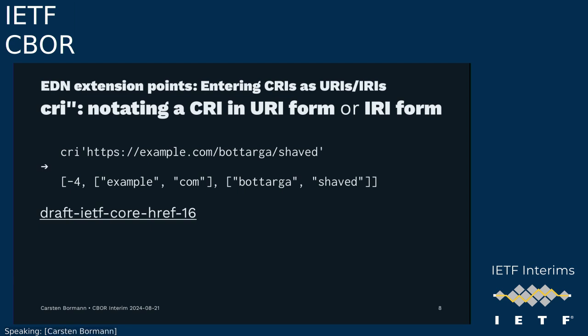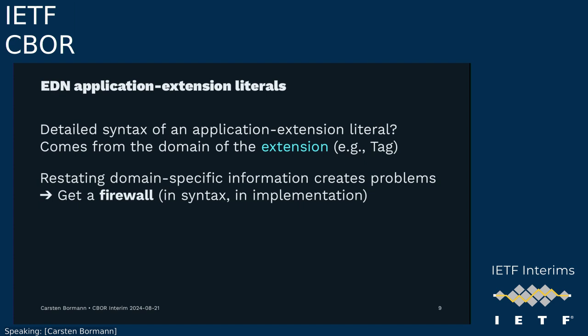The idea with application extension literals was that the detailed syntax comes from the domain of the extension. If it's a tag, it's a tag, like in CI, or sometimes it's not, like in E. But the domain is that part that defines what the literal syntax is.